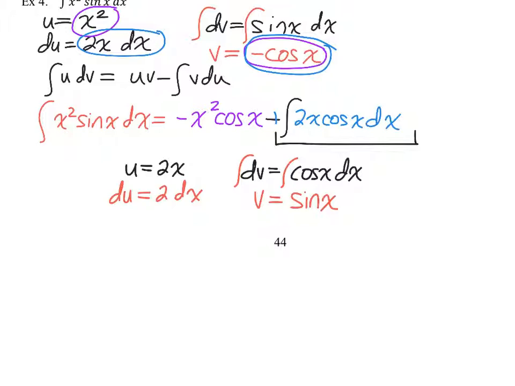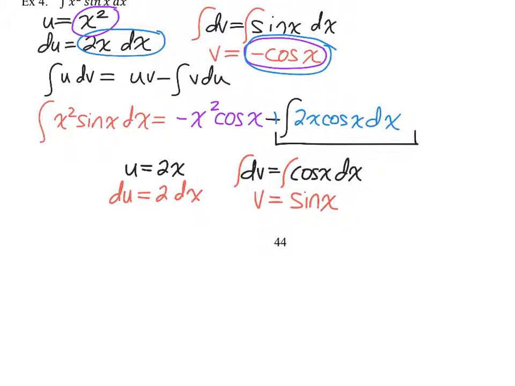If it were just cosine x dx, I wouldn't have had a problem. But that 2x is what caused the issue. The next level is going to remove the x. So by making your u's simpler and simpler as you go, you're progressing towards a solution.